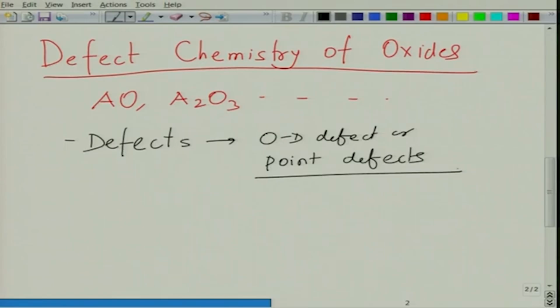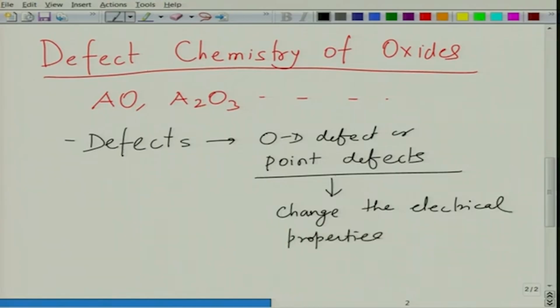These defects are very important, because when they are present, they change the electrical properties. These electrical properties are modified, especially the conductivity; the electrical conductivity changes quite extensively, and this has very important ramifications on the use of these materials, and this is affected by chemistry, the environment in which they are used, the chemical reactions, and a variety of other things.